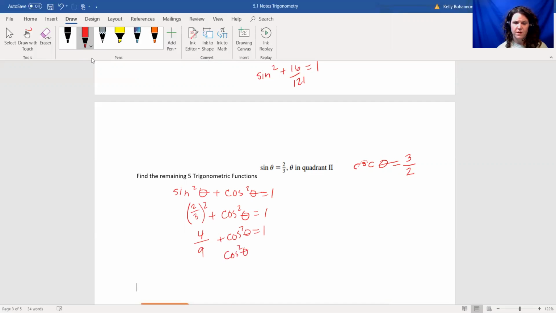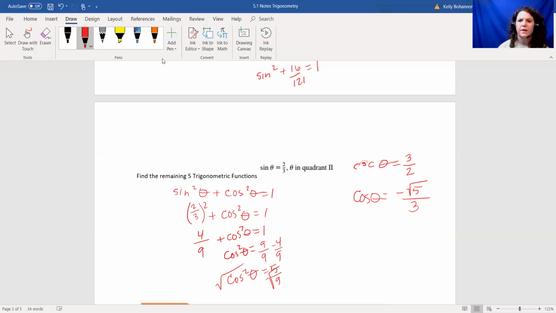So cosine squared theta equals 9/9 minus 4/9. Cosine squared theta equals 5/9. Take the square root. So cosine theta equals negative square root 5/3. It's negative because we're in quadrant 2, and the only things positive in quadrant 2 are sine and cosecant.